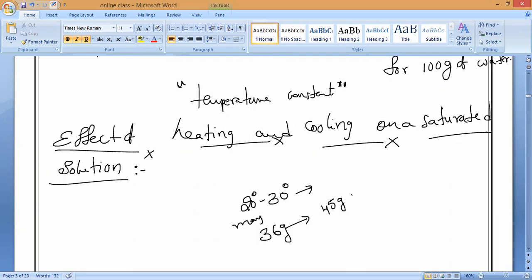At 30 degrees the maximum we can dissolve is 45 grams.